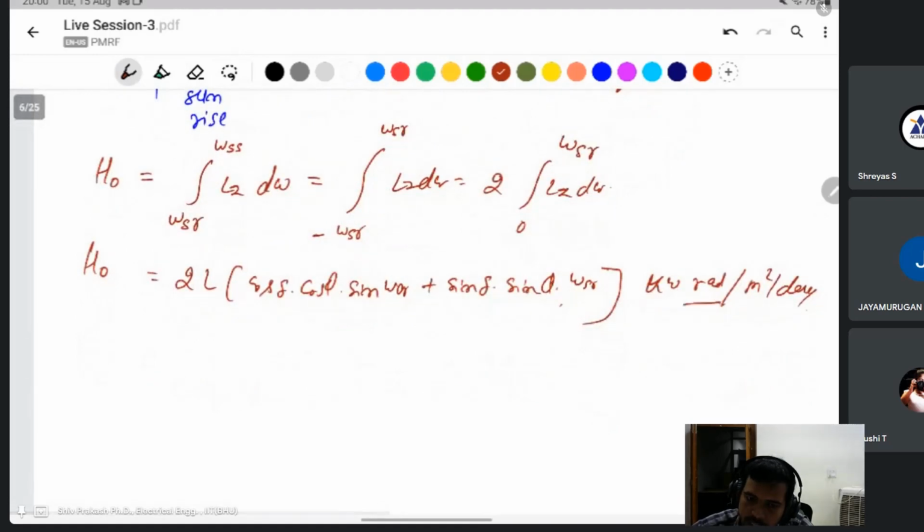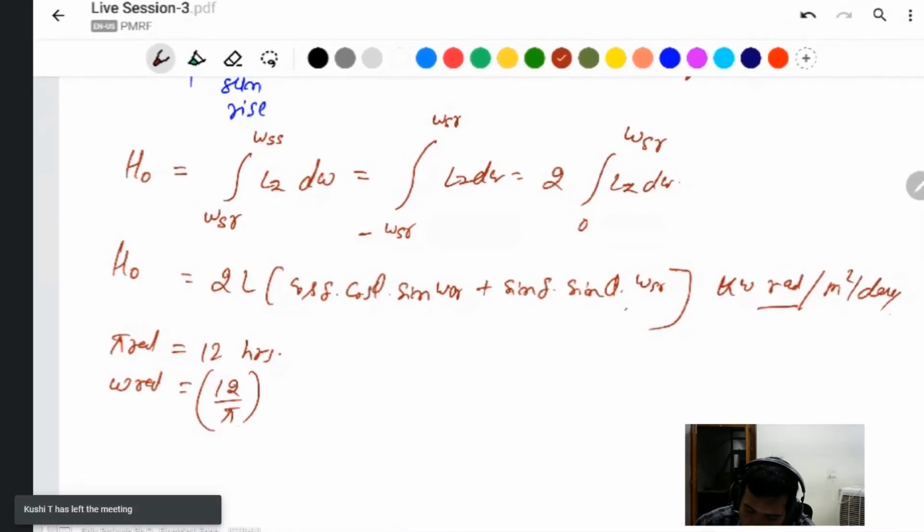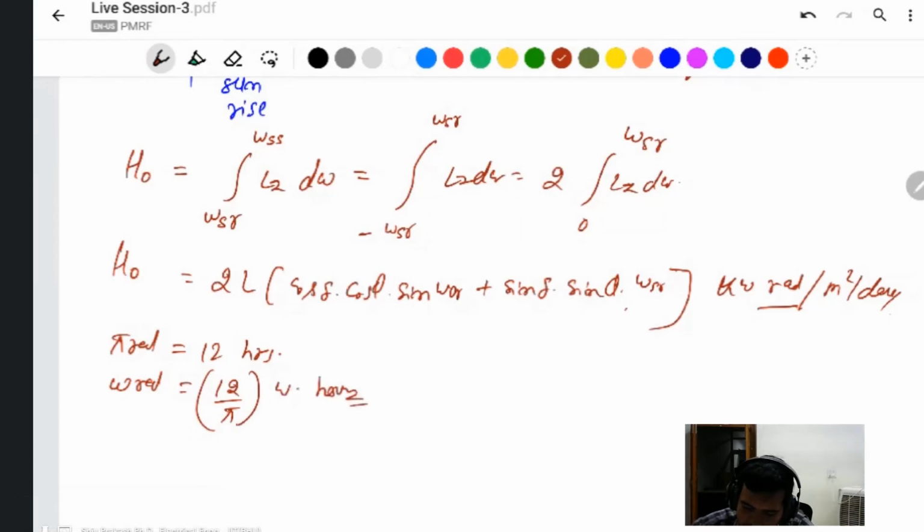You can change the radian into the hour. Pi radian is equal to 12 hours because of the day time. Then omega radian is 12 by pi into omega. This will come in hours. Then you can multiply this one.